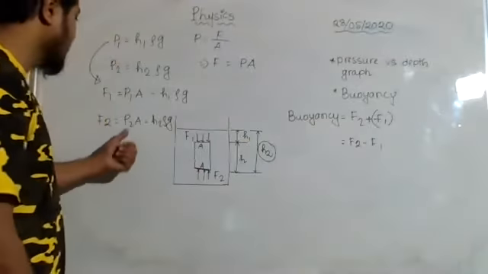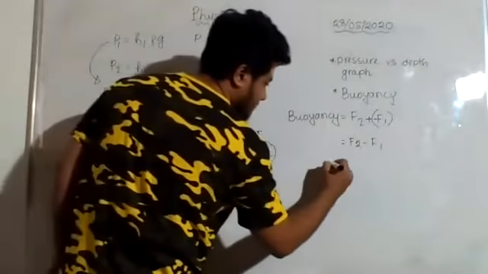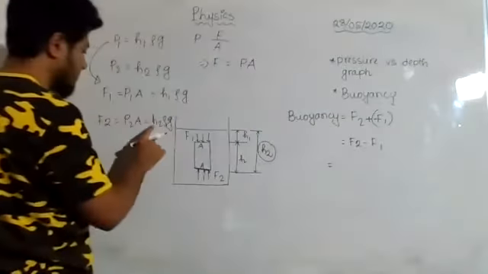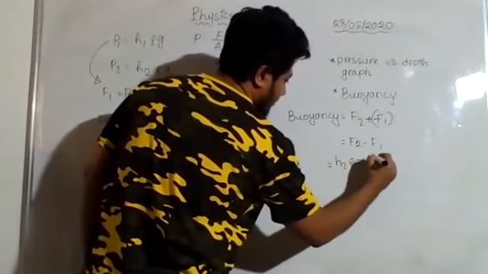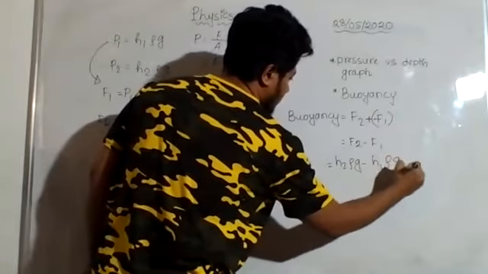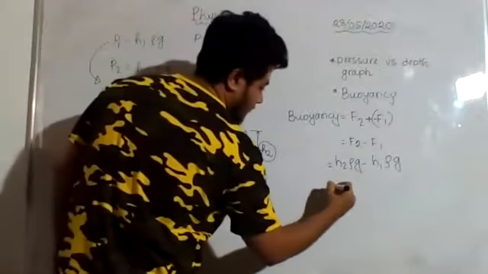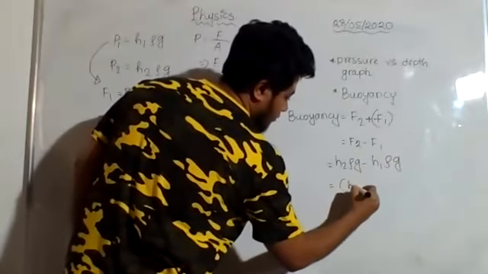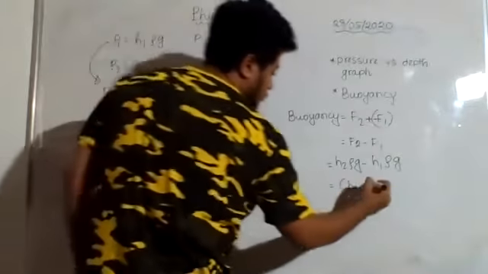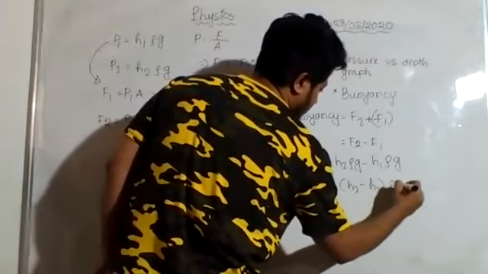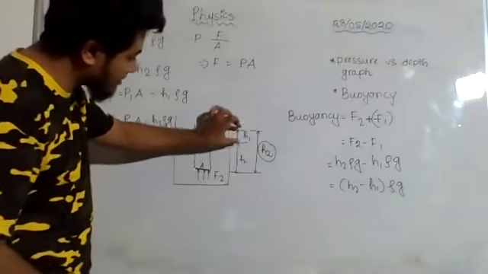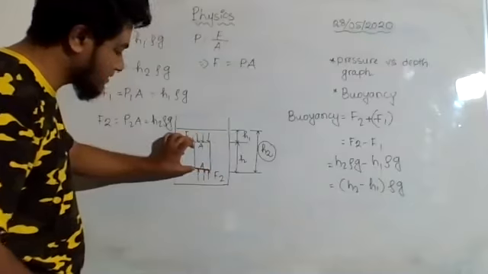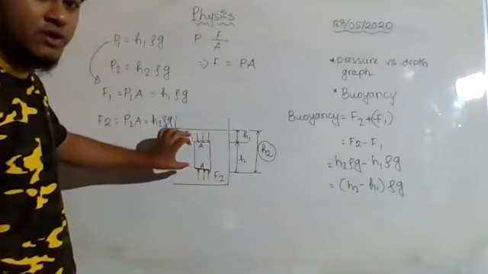Now we will put the values over there. F2 is h2 rho g, minus F1 which is h1 rho g. So from here if I take rho g common, then what will happen? h2 minus h1 into rho g. Now h2 minus h1 is basically the height of the cylinder or any object that you have submerged.